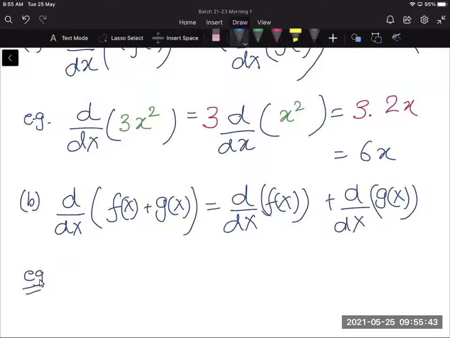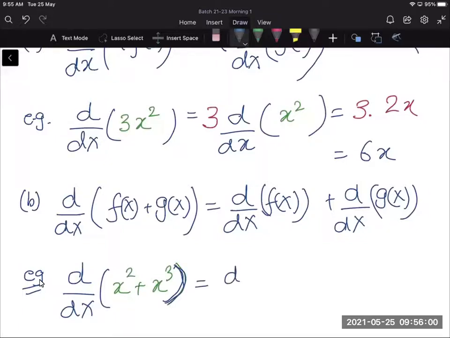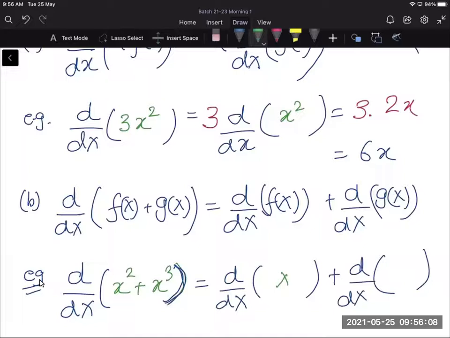So for example, if I get d by dx of x square plus x cube, then this will be equal to d by dx of something plus d by dx of something else. Here we will get x square, here we will get x cube.